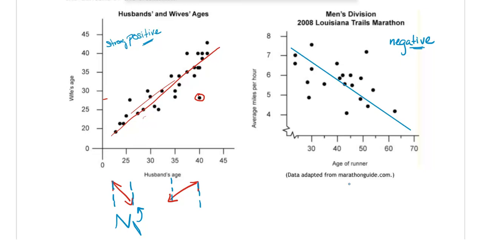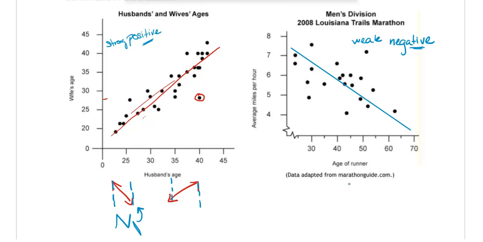So this is negative. Now, this one was strong because all of the points were really close together. This one is going to be weak because it's really scattered out and not clearly negative.